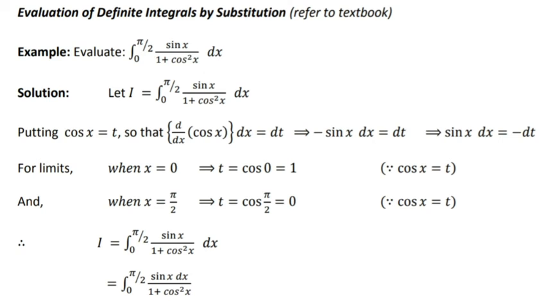Therefore now the integral from 0 to pi by 2 of sine x upon 1 plus cos square x dx will be changed. The integral will be changed and the limits also will be changed.